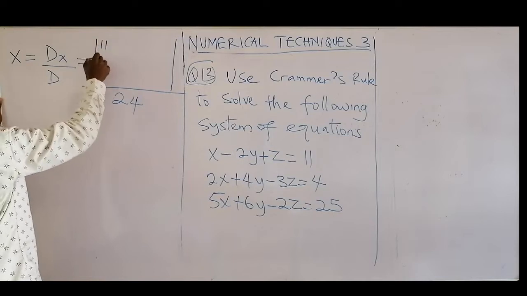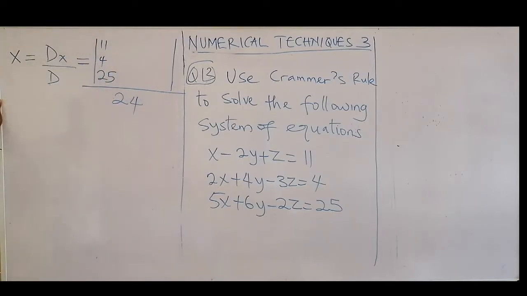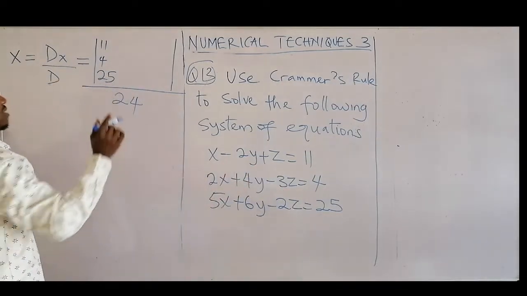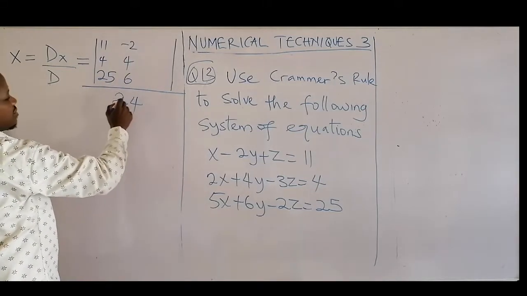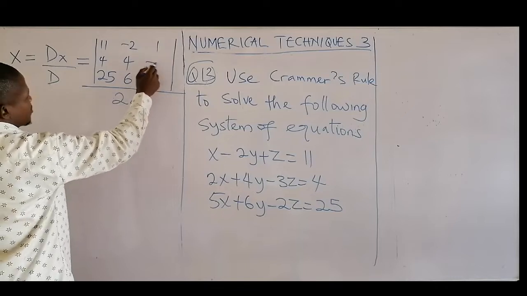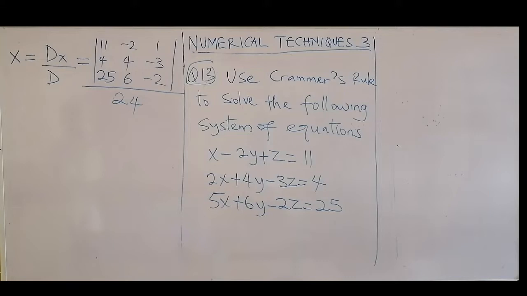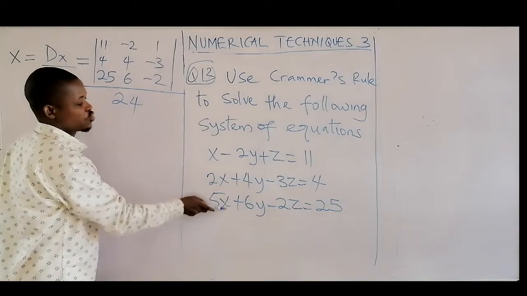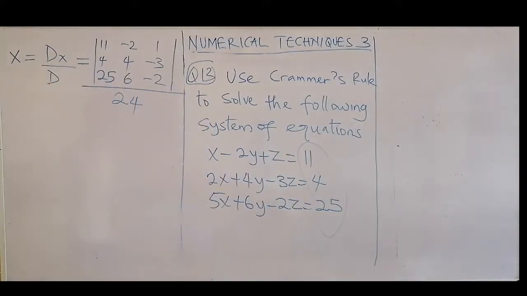That's column 1, the x column. Then the other coefficients will remain constant: -2 here, 4 here, 6 here, 1 here, -3 here, -2 here. Other variables remain constant except what we are looking for, the x coefficient, which will be replaced by this column.